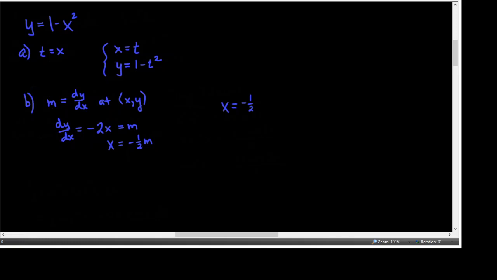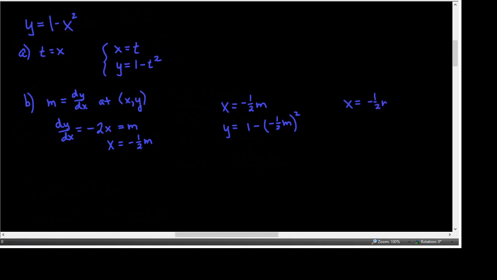Then substitute for each x in the other equation with what it's equal to: y equals 1 minus negative 1/2 m, squared. And so that simplifies. Of course, the x isn't changing.